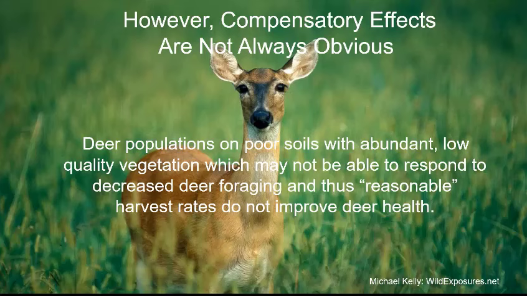And so if you try to decrease the population size in this situation, they may not be able to respond with compensatory effects by increasing their fawn recruitment because they had a lot of low quality vegetation before the population reduction.